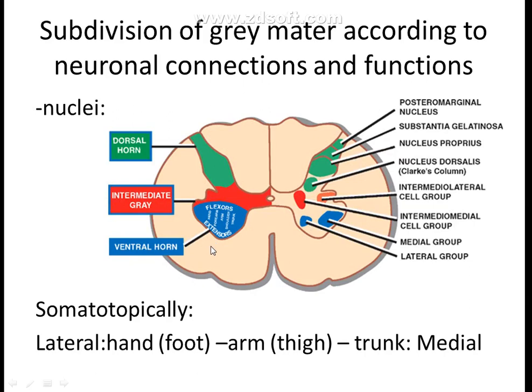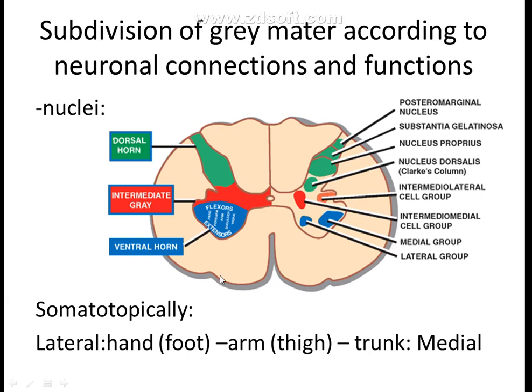For example, if you have pressure, for any reason, let's say a tumor, on the lateral side of the ventral horn or lateral side of the spinal cord in the region of the cervical enlargement, you will supposedly have paralysis in the hand before the thigh or before the arm, because the pressure on the lateral side will first affect the hand.